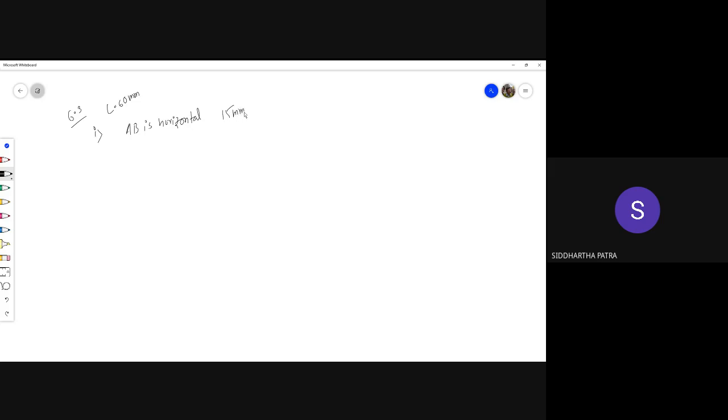15 mm over H, 20 mm in front of V. So basically, it's a horizontal line.